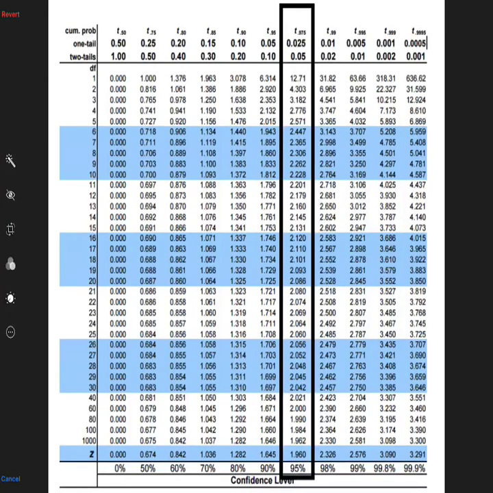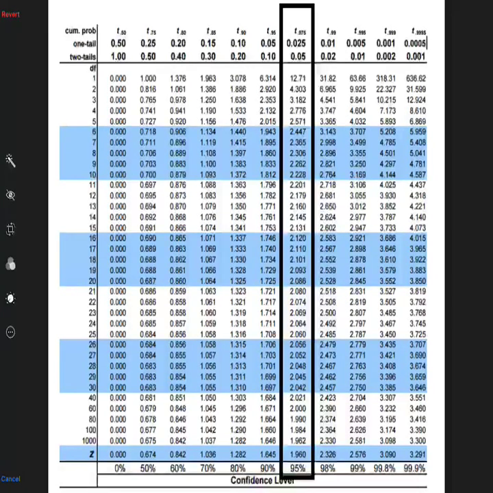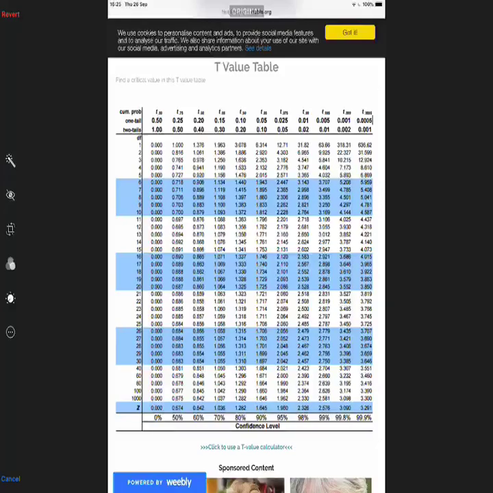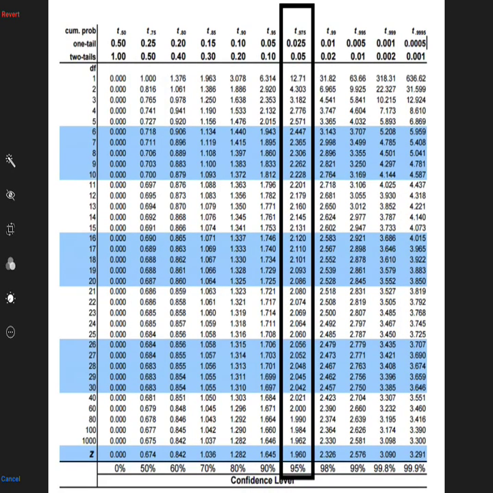So, the way you deal with that is, if you want to find, for example, the t-value for a sample size of 7, yeah, 95% confidence interval, a sample size of 7. How many degrees of freedom for a sample size of 7? 6.